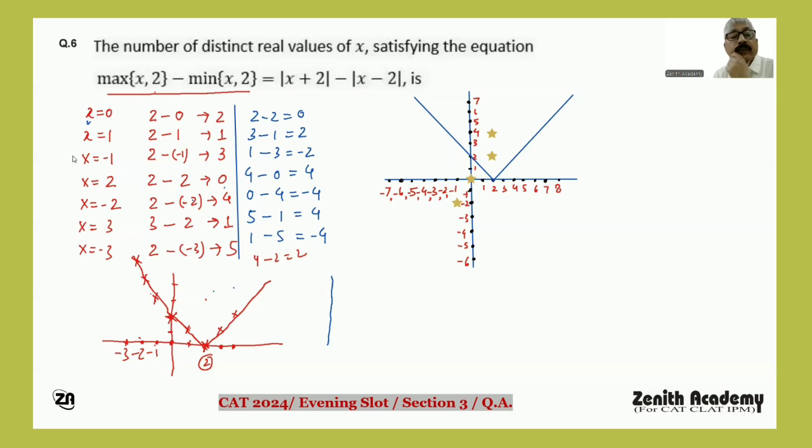Okay, x is equal to 0, this is 0, x is equal to 1, it is 2, x is equal to minus 1, it is minus 2, x is equal to 2, it is 4, x is equal to minus 2, it is minus 4.